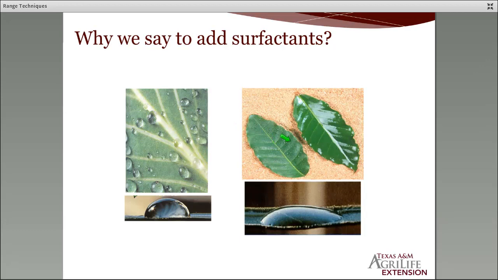If you deflate that basketball and you try to dribble it, it splats. A lot more of that surface area is covered with that basketball. So whenever we add a surfactant to a spray droplet, it basically takes a droplet and deflates it. It moves it from this right here over to this. Flatten it out. The greater the coverage, the greater the surface area.